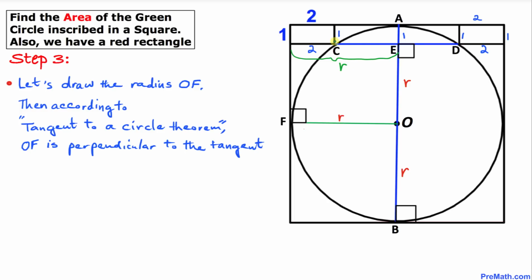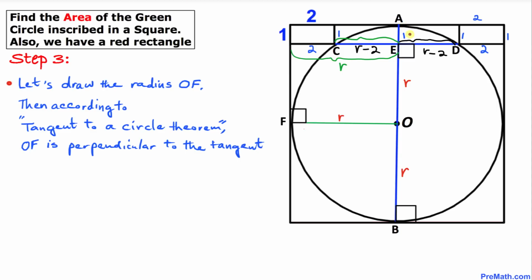Then the length of this side is going to be R minus 2. So I'm going to call this one R minus 2. Then this side is going to be R minus 2 as well.